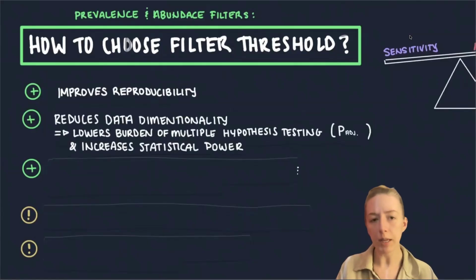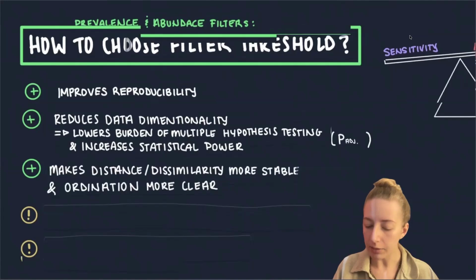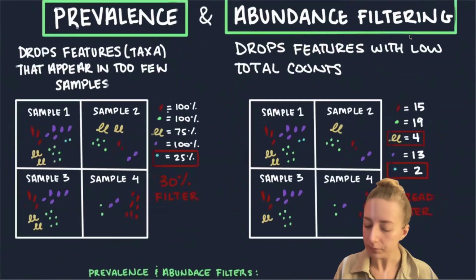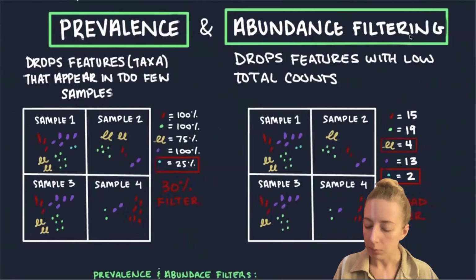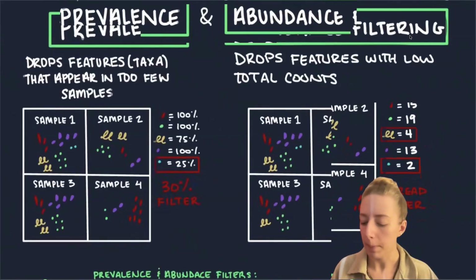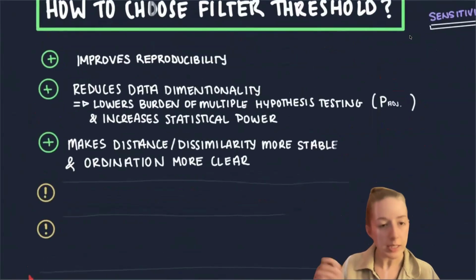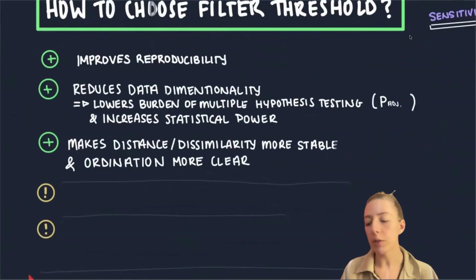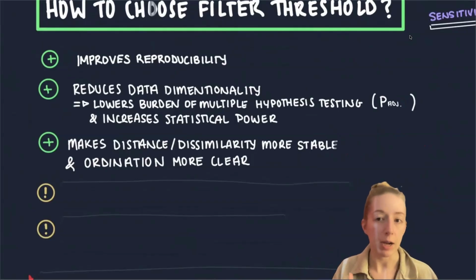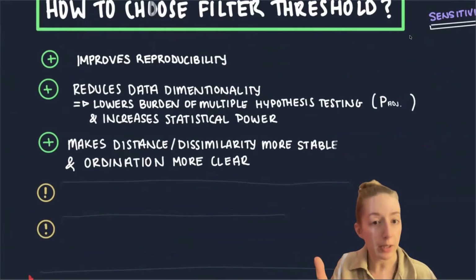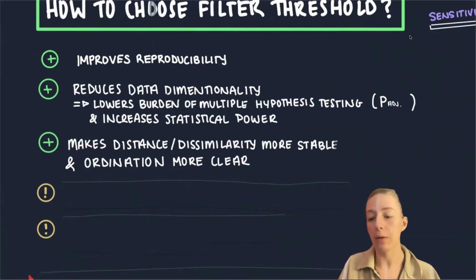But this is assuming that rare taxa, or not prevalent taxa, are not as important, right? But what this can also help us with is that it reduces data dimensionality. So this reduces the amount of multiple testing hypotheses if you're calculating p-values or p-adjusted values, and increasing statistical power. What does this mean?